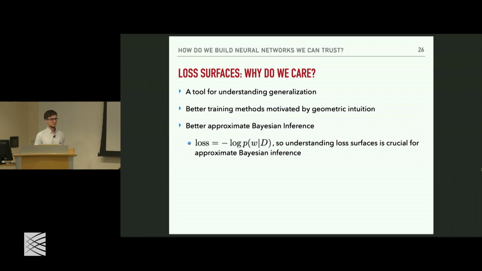And it's conjectured, at least, that if a solution is flat in the weight space, then the network corresponding to that solution will generalize better. And if we understand the connections between geometric properties and generalization, we can try to develop new training methods that are promoting the geometric properties that we want from our solutions.